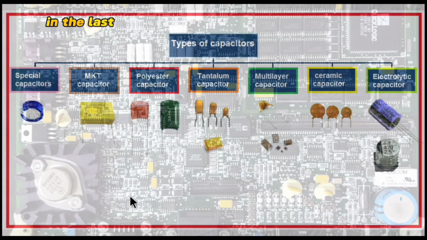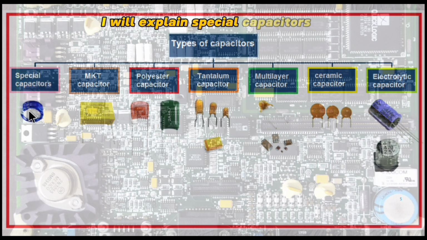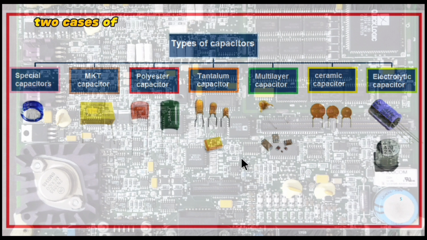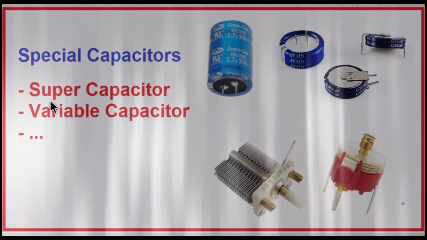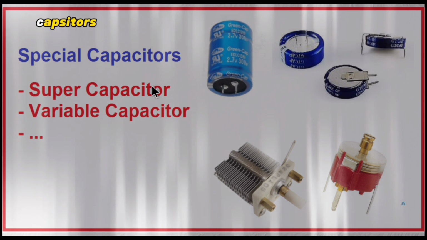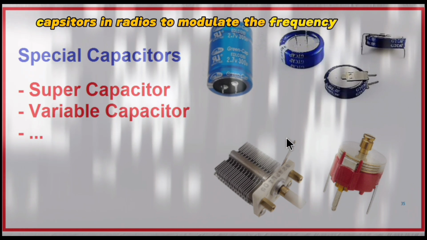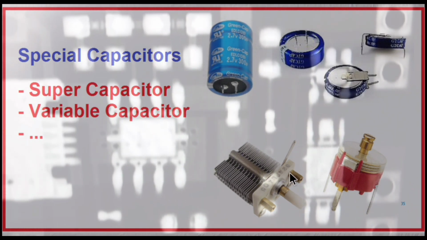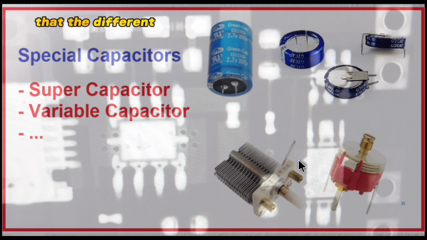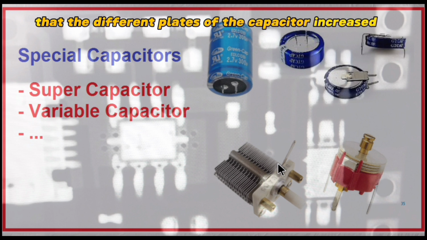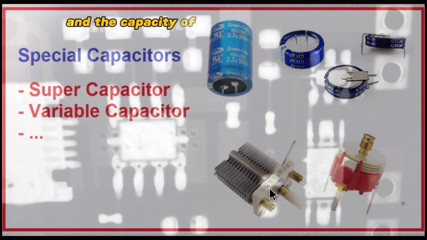In the last case of the introduction of capacitors, I will explain special capacitors, of which I will only examine two cases: supercapacitors and variable capacitors. Variable capacitors were used in radios to modulate the frequency wave in such a way that the different plates of the capacitor increased and decreased, and the capacity of the capacitor changed.